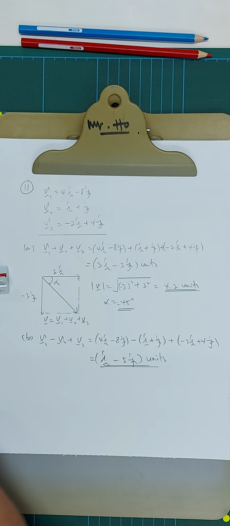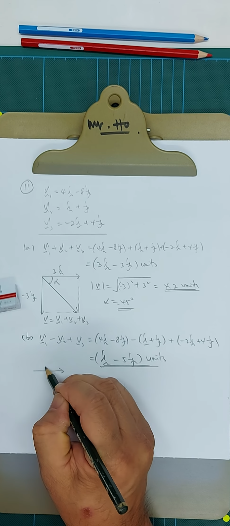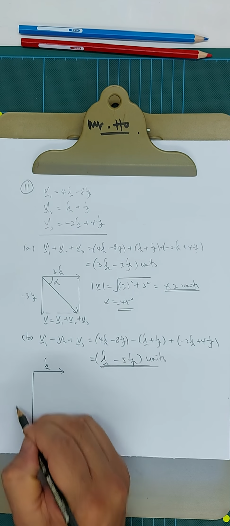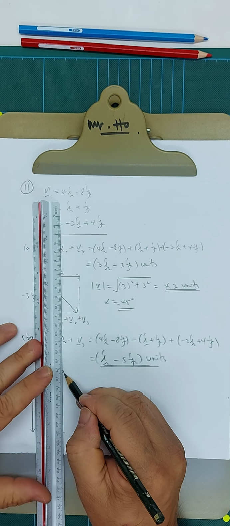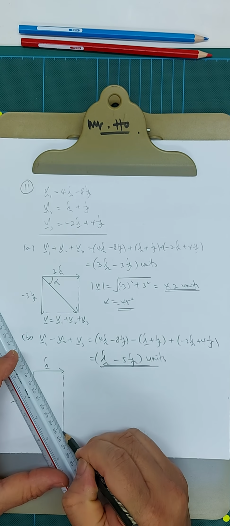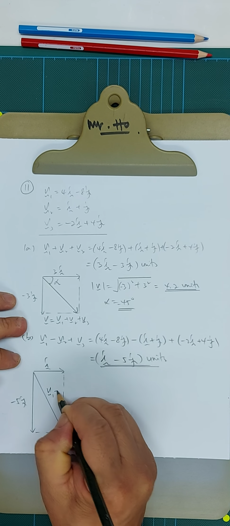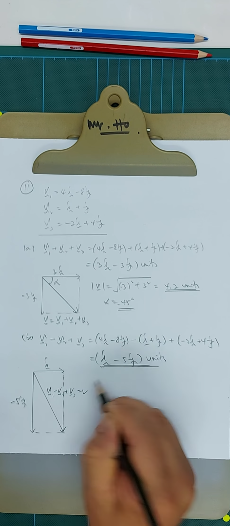Then we can draw this vector. Horizontally is 1i. Vertically down is negative 5j. So we combine them, and we get this vector. This vector is your v1 minus v2 plus v3, and we call this one v.